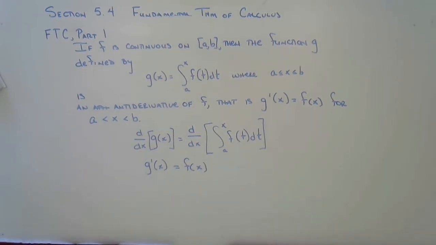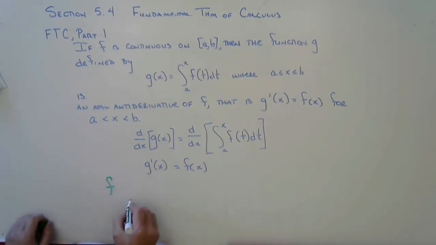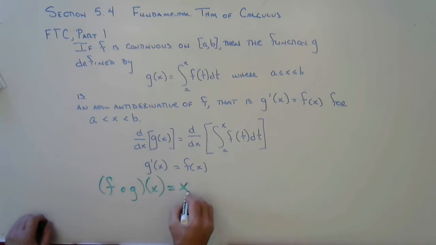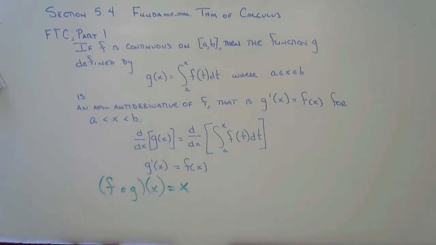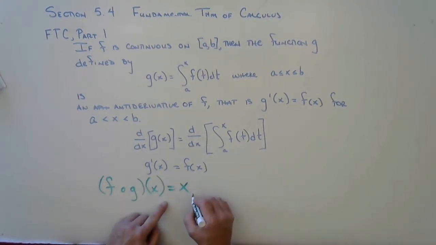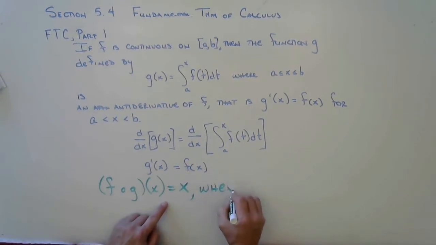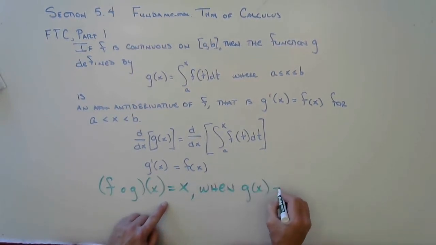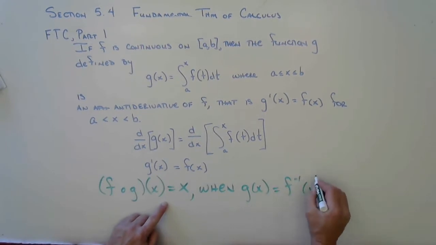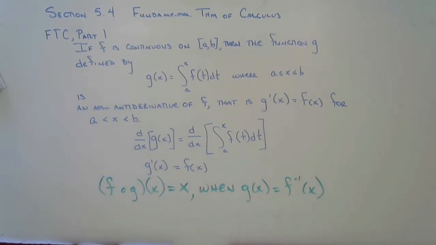Now we know from our pre-calculus days what relationship we're talking about when one function, applied to another function, undoes it. This is what we said in pre-calc, and we said this happens when g of x is the inverse of f.